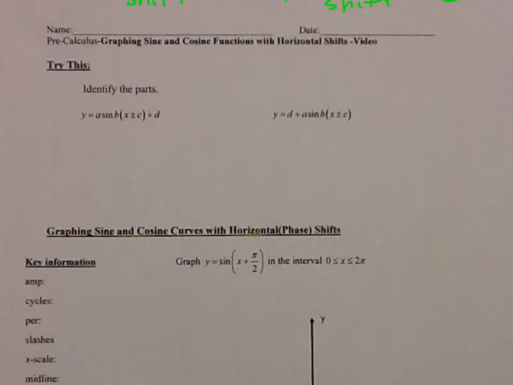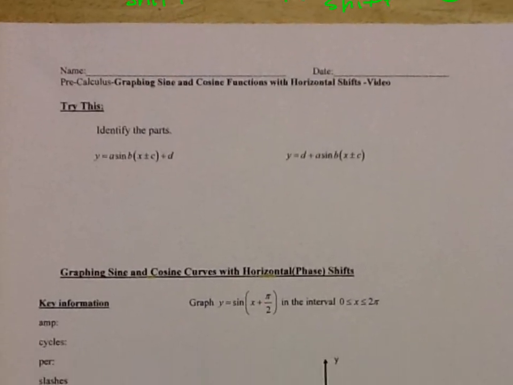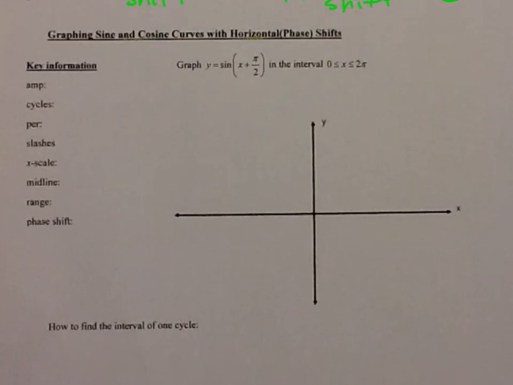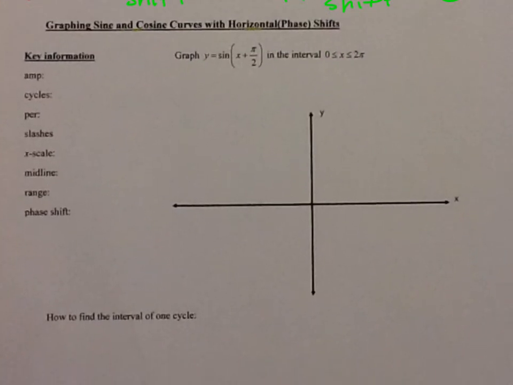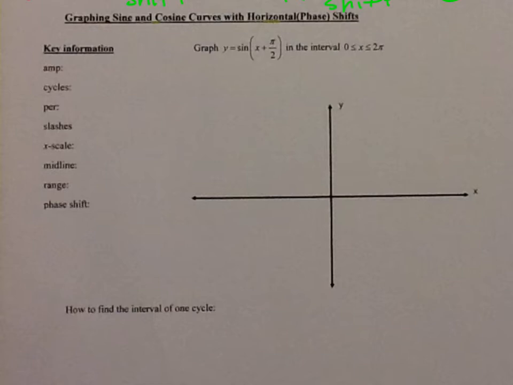Because looking back up at your function, your x has to be by itself. Your number in front of x should be a 1. If you have a 2, 3, 4, it has to be on the outside. That's your b value. If you don't have the b on the outside, it won't affect the number of cycles; it'll affect the phase shift.